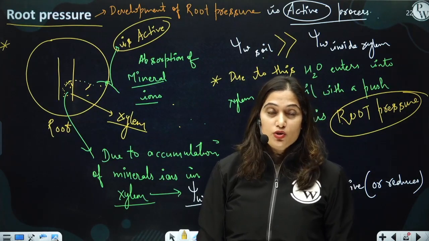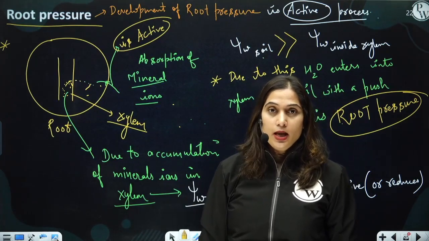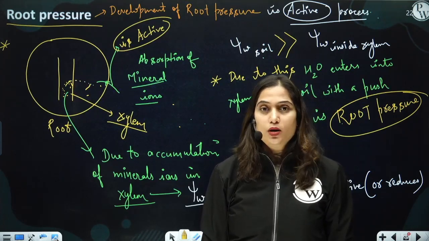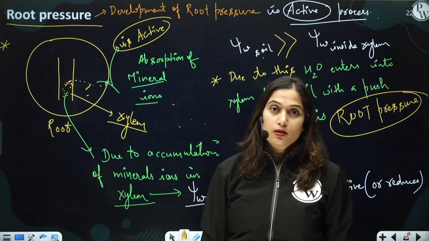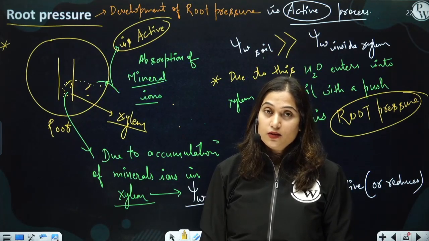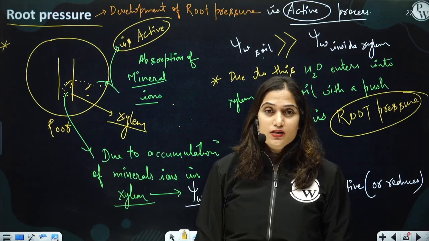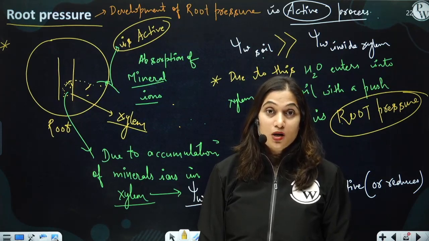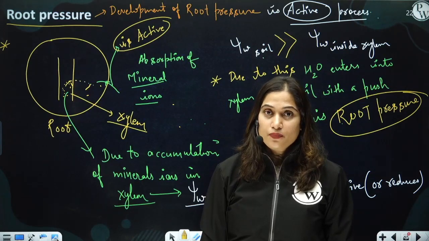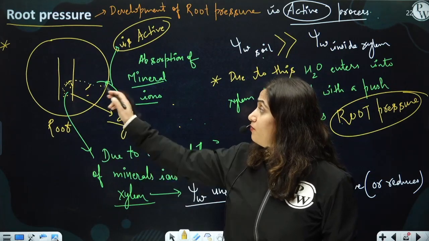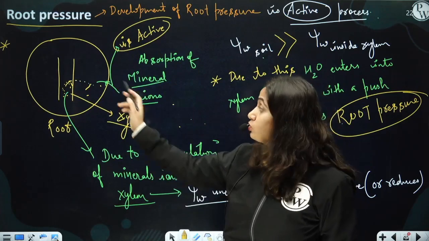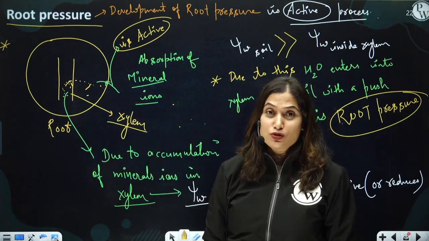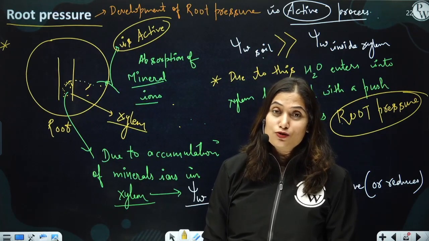Now the question which came in 2015: root pressure develops actively or passively? What will be your answer? Your answer will be that root pressure develops actively. How? Because to absorb these mineral ions from the soil, energy has to be given. Energy is used.